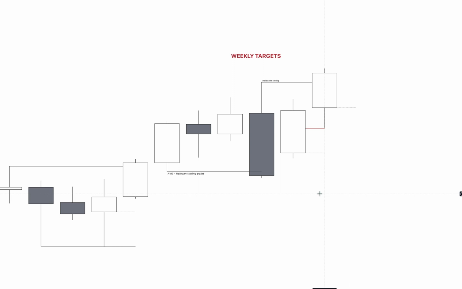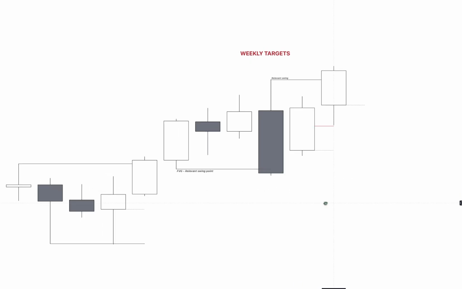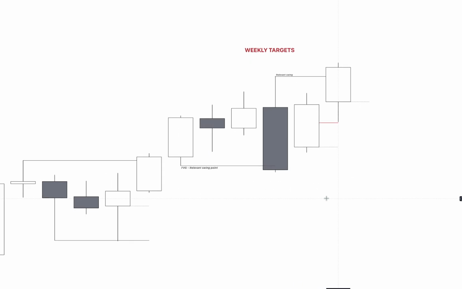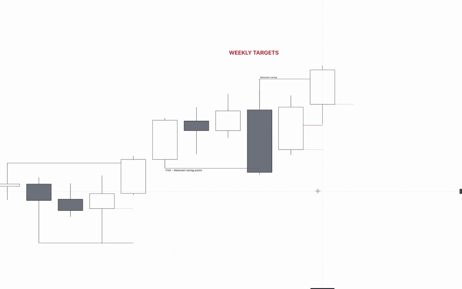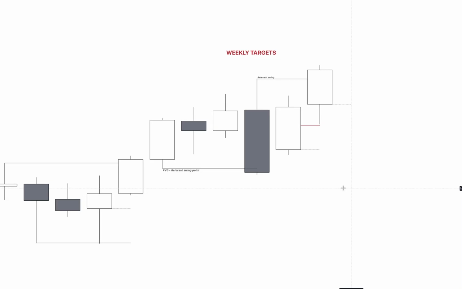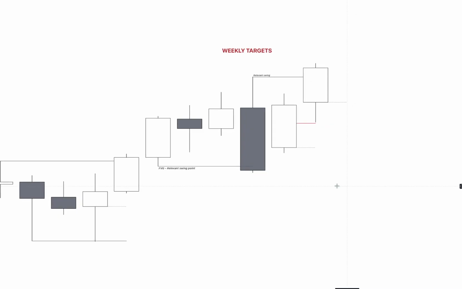So when we are looking for the daily, we want the daily to expand to specific levels, right? So we look for either external liquidity or internal liquidity. But there's also different ways to find where the market might go to, right?